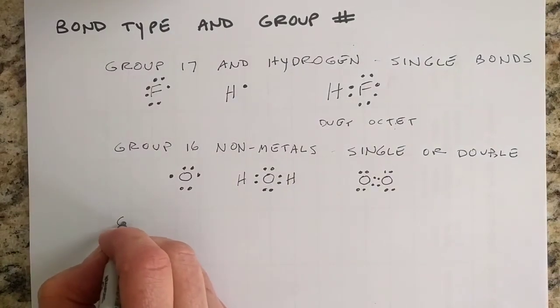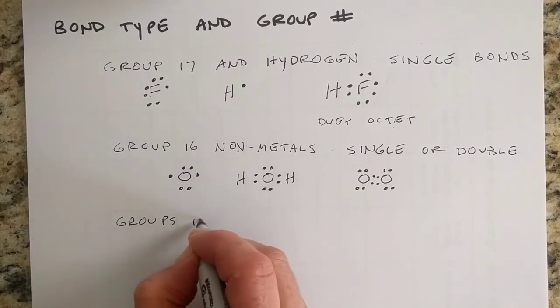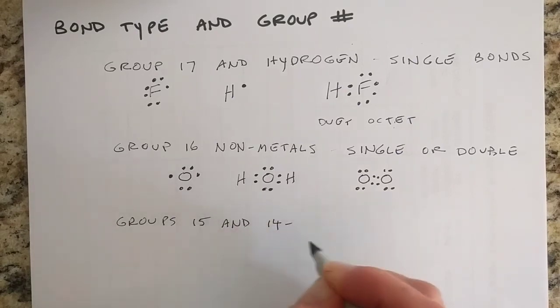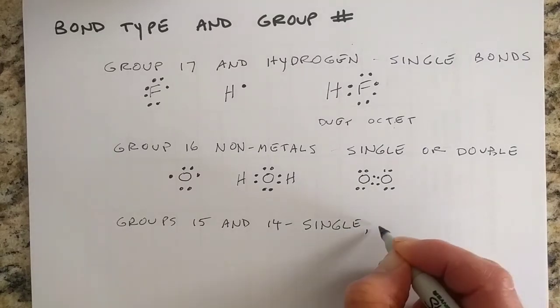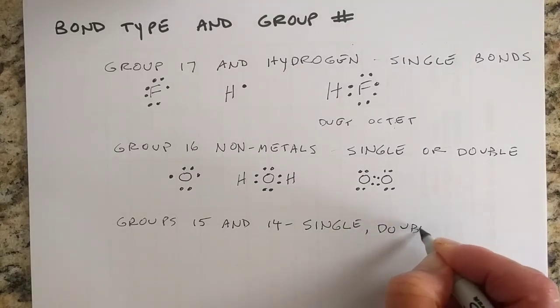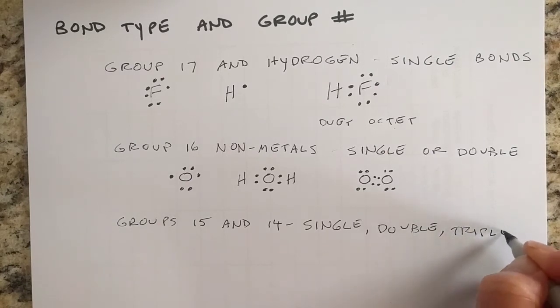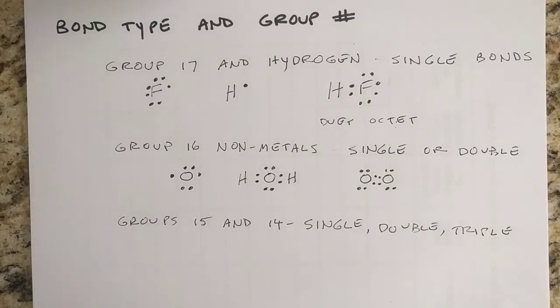And then we have groups 15 and 14. So these guys can do it all. They can make single, double, or triple bonds. And that's all there is. We don't go above triple, single, double, or triple.